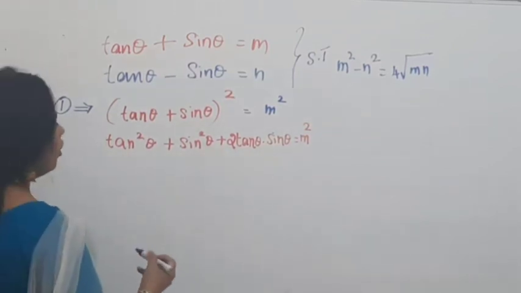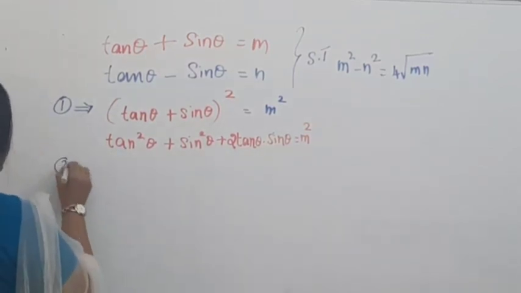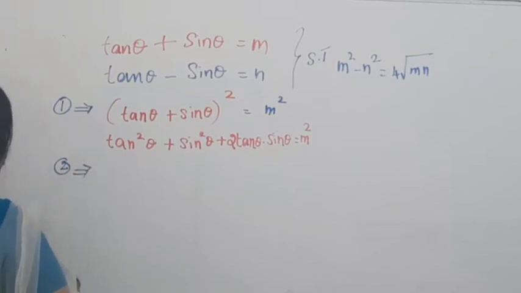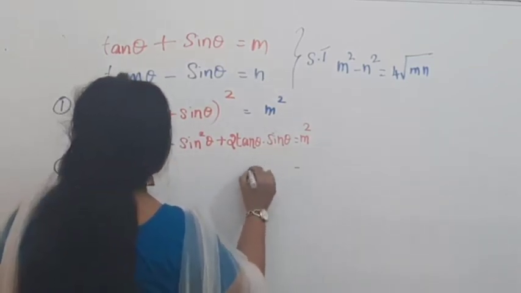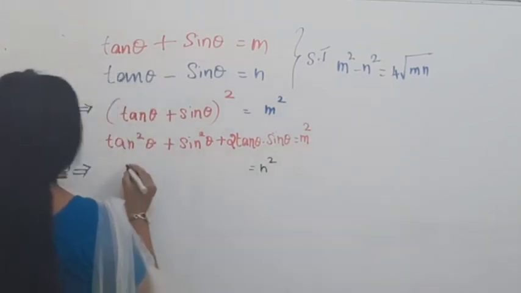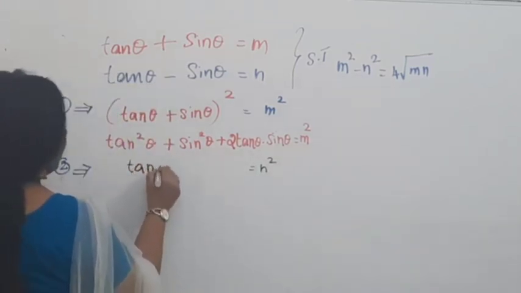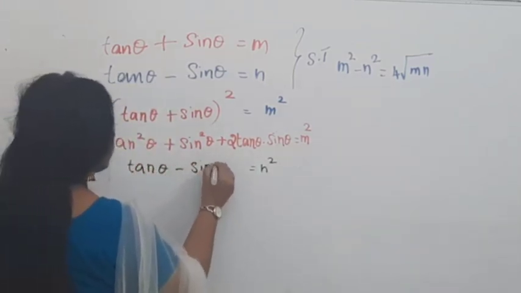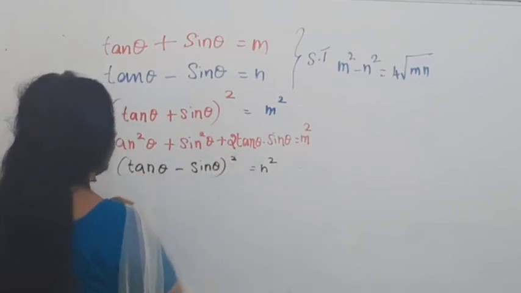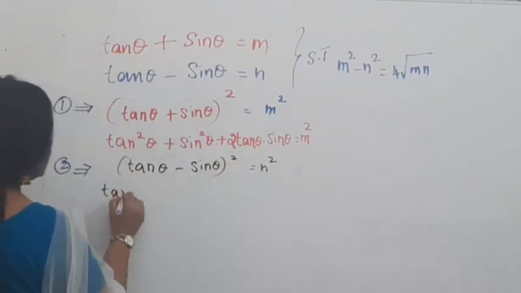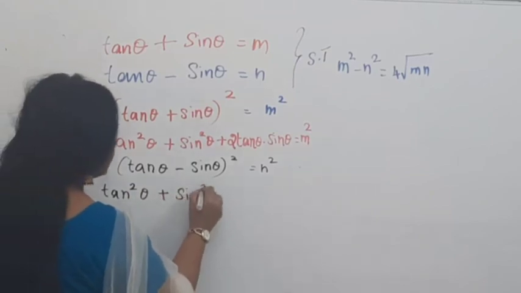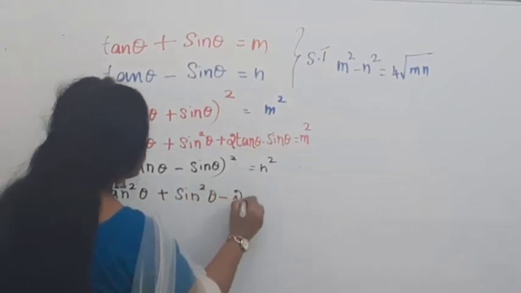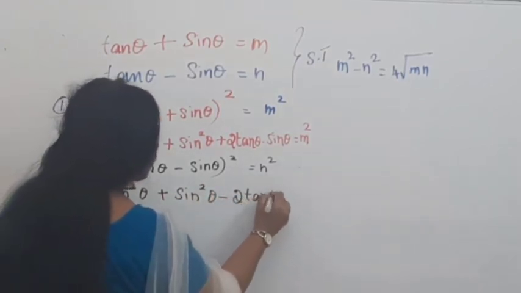Now I am going for my n square, that is second one implies. So n square is this one. So n square I get it, which is equal to tan theta minus sin theta the whole square. So how do I write it? That is a minus b the whole square, tan square theta plus sin square theta minus 2 tan theta sin theta.